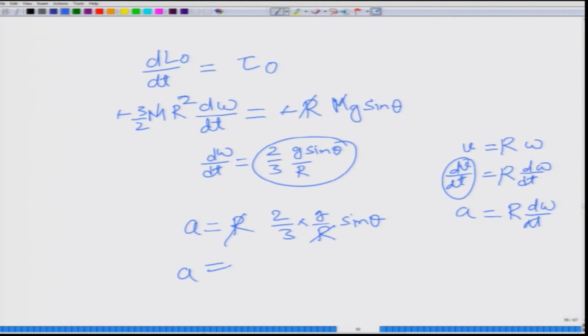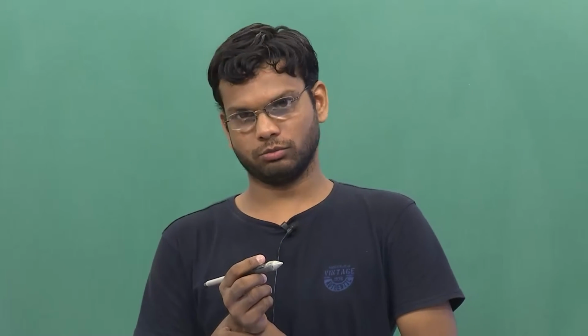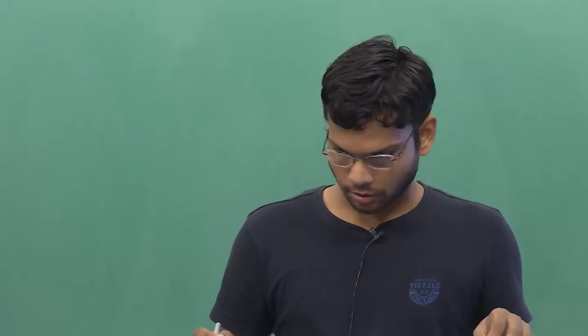So a is equal to 2 by 3 g sin theta. That is the answer. We had to do all this exercise because both rolling, rotation and translation are involved in this motion. Okay, with that we move on to our next problem.